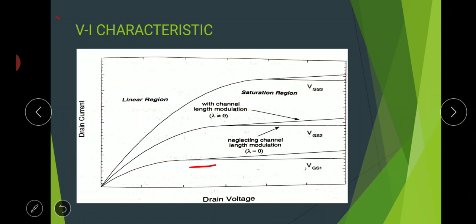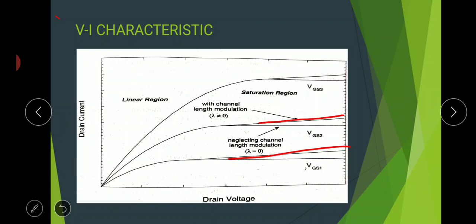Where we see the straight line, meaning ID current is constant, that region is drawn by neglecting the channel length modulation coefficient lambda, meaning we consider lambda equal to 0. Where we can see the slope portion, there we consider the channel length modulation coefficient lambda is not equal to 0.